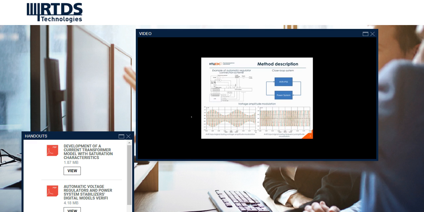By modeling the voltage amplitude, the frequency in the power system, and the generator angle, it is possible to obtain the frequency responses for each of the control channels. So here is a closed loop system.